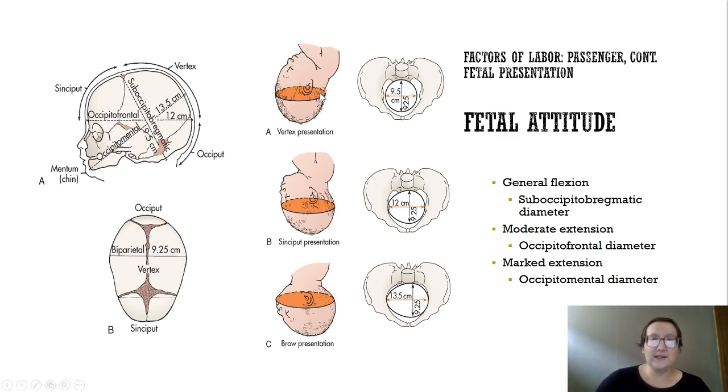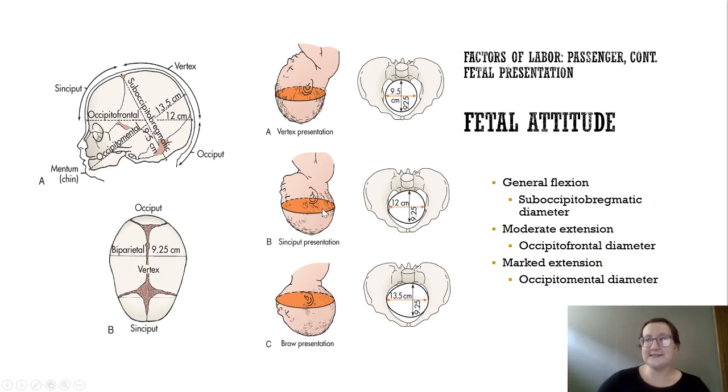Now, when you're looking at that diameter right here, that is the widest part of the head. Now we move that chin up into this sinciput presentation. Did the infant's head change diameter? Absolutely not. What did change is the angle that the head is coming into the pelvic inlet, and that changes significantly the diameter that needs to move through the pelvic inlet.